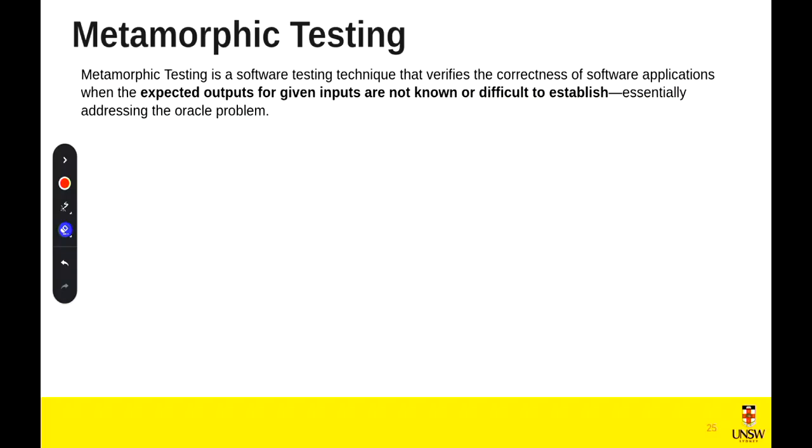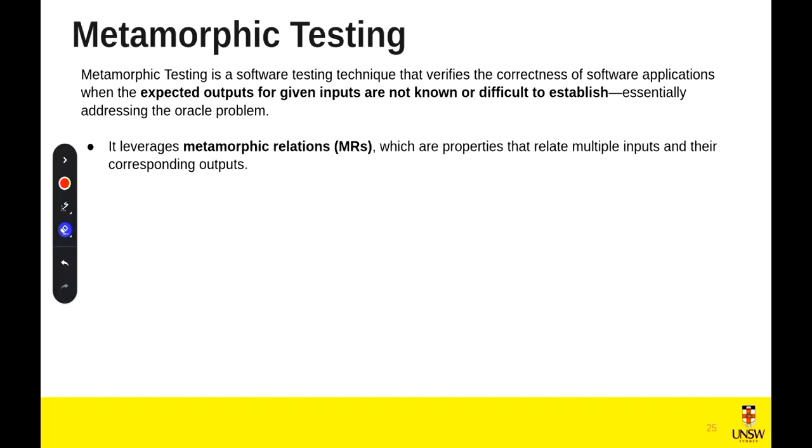Metamorphic testing has a formal definition here, and I have highlighted the keywords. The definition is also related to test oracles. The idea is that it leverages the metamorphic relations between different inputs and outputs.